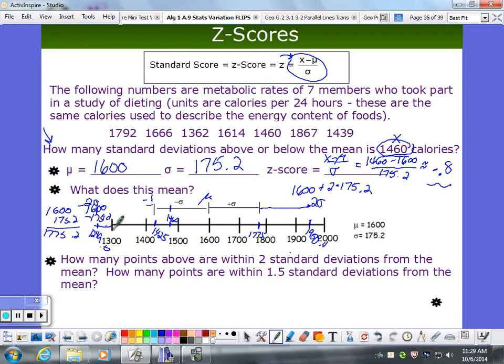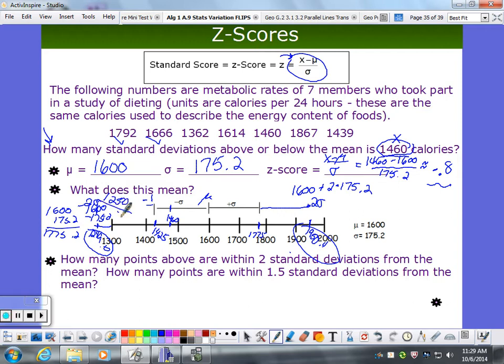So it wants to know how many points fit within that range. How many points are between 1249 point whatever that was and 1950? Is this between 1249 and 1950? Yes. Is this between them? Yes. Let's say 1250, for fun.